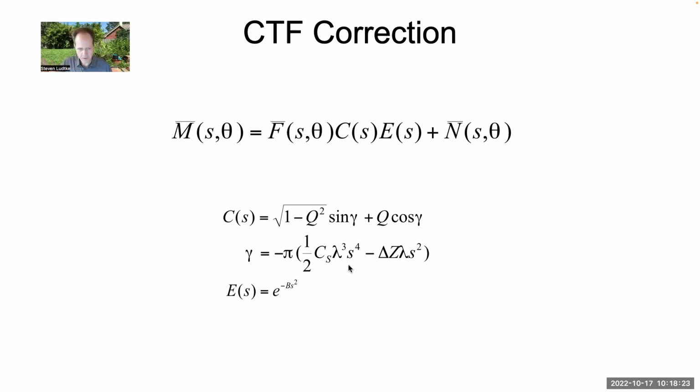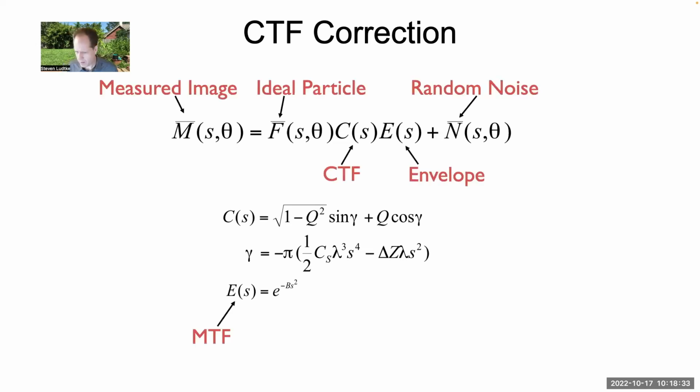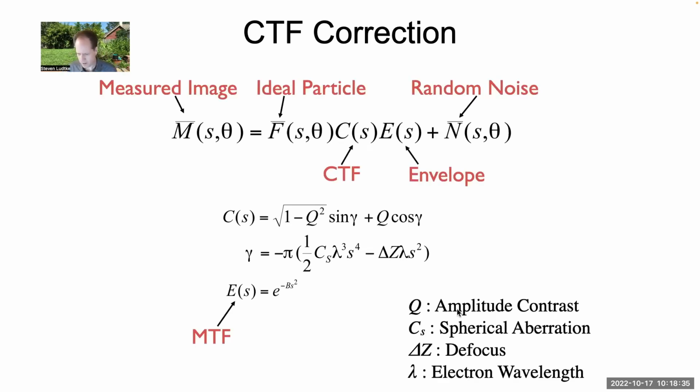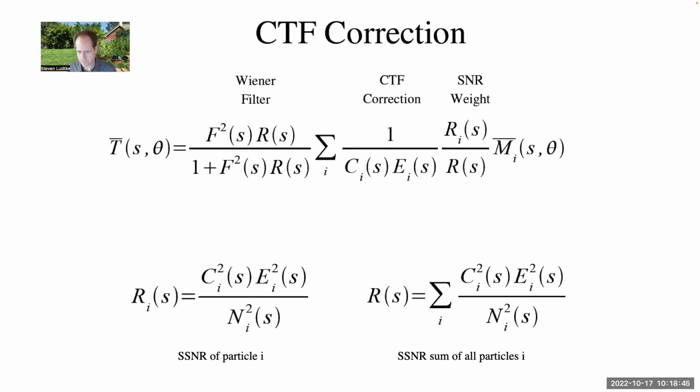So the spacing of the peaks in Fourier space isn't uniform. And then this term here, the sine versus the cosine term, this Q corresponds to the amplitude contrast in the imaging process. I'm not going to go through this in any more detail. This is just a very quick introduction.